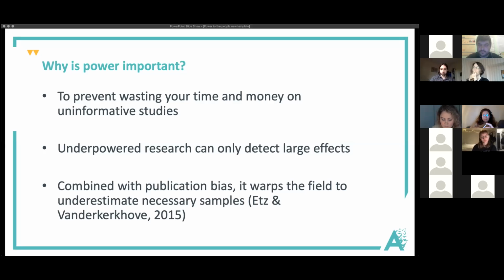And when researchers try to replicate this, you do a power analysis on huge effects and you convince yourself that you're going to find something with X amount of power. You're going to underestimate the sample sizes you need.